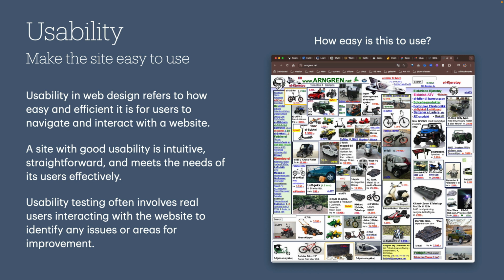So you may have seen this in another video. This is a fun site called Arngren. I think it's arngren.net. Maybe not the most usable website, right? It's chaotic. There's no real column structure. There's no white space separating elements. The links are all crazy in different colors and things and scattered everywhere. I don't know if you can see this, but there's a horizontal scroll bar here.